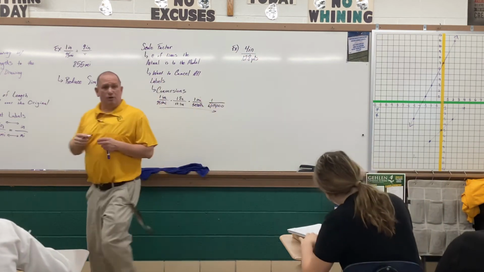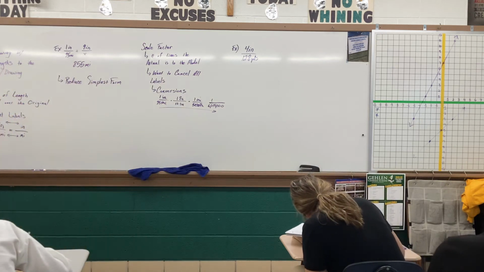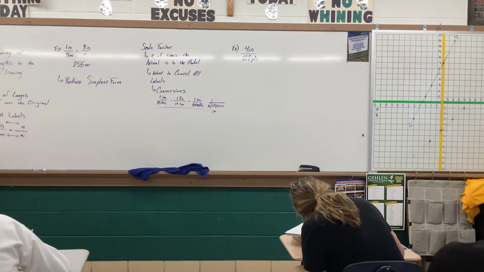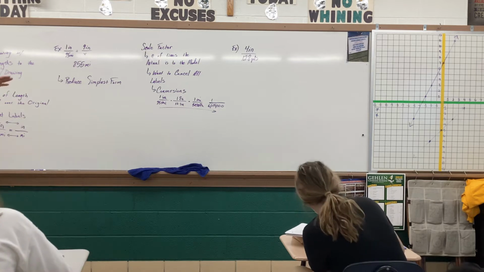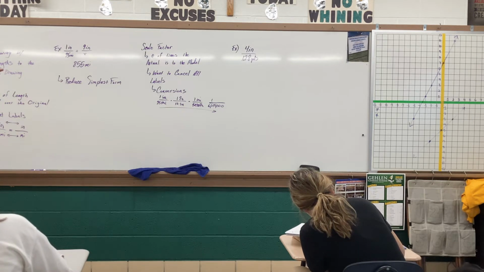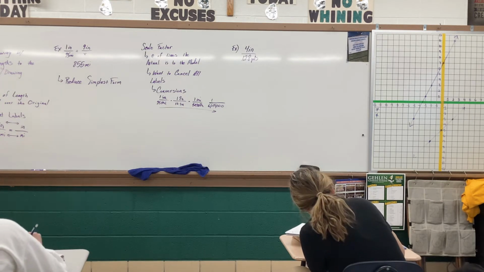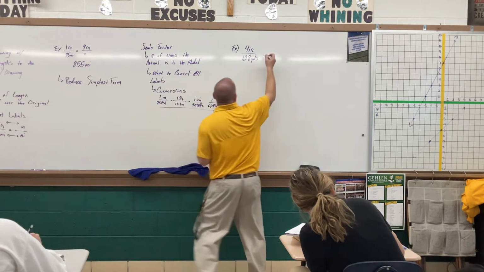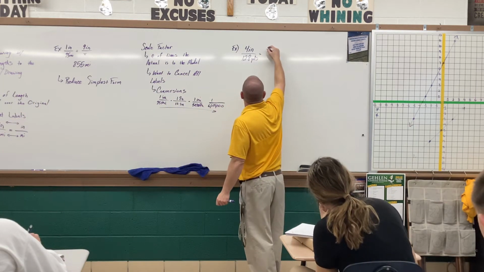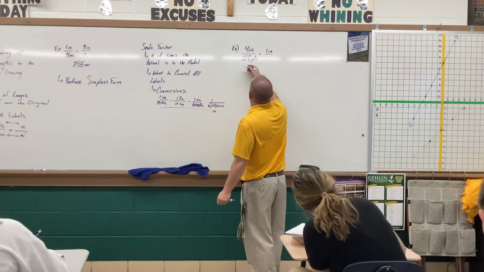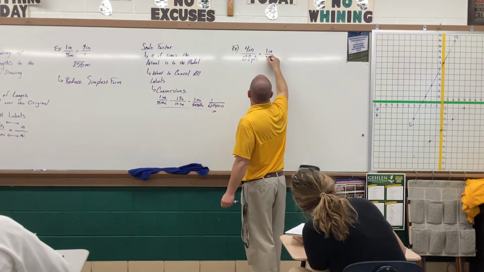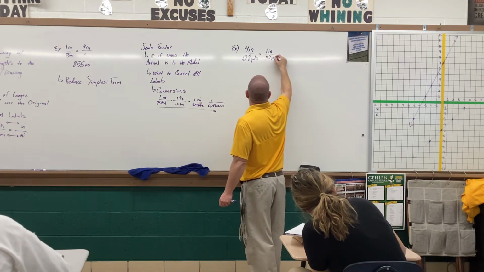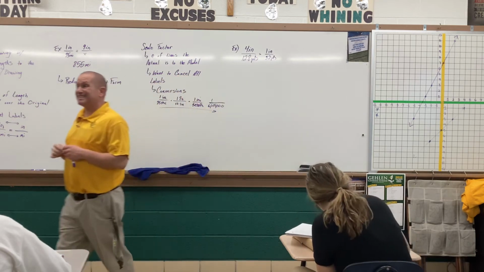So, this is a scale, right? Because they have different labels. But if you looked at those two numbers, is there something that jumps out to you that you can take out of both? Yeah, so I'm going to take out a 4 from both. So I end up with 1 inch is to what? 3.2 yards. Okay? So that would be my scale.